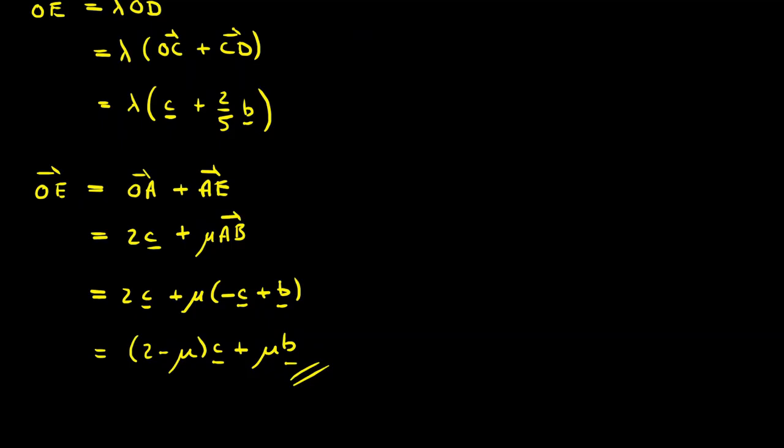If I compare the elements of C, then lambda has got to be equal to 2 minus mu. And if I compare the elements of B, then I've got lambda times 2/5, so 2/5 lambda is equal to mu.